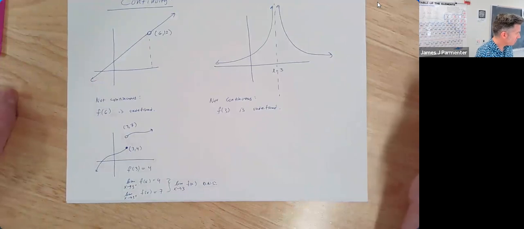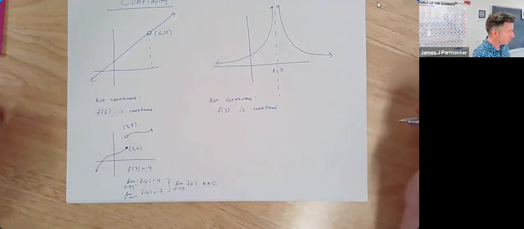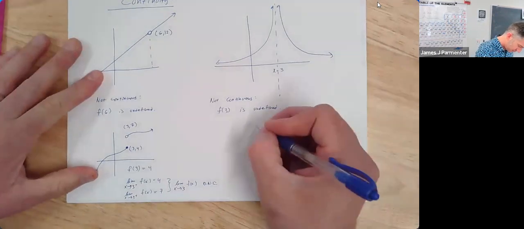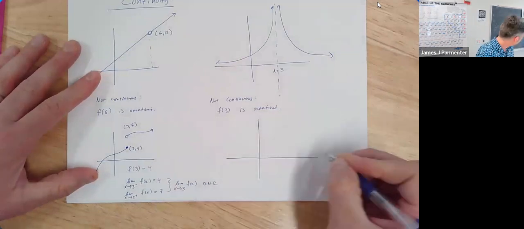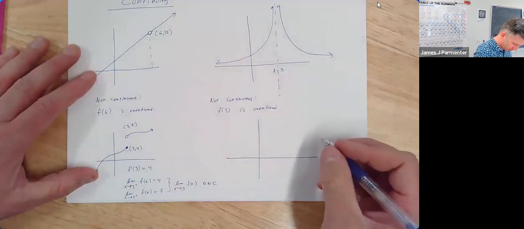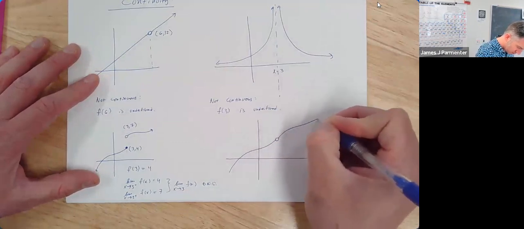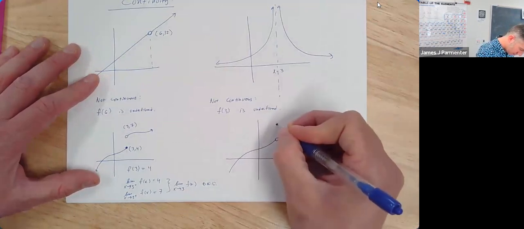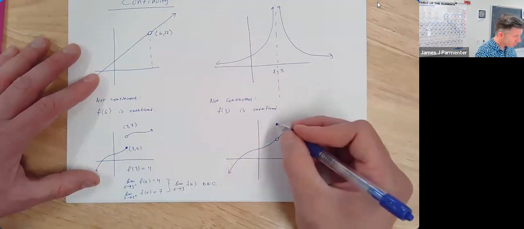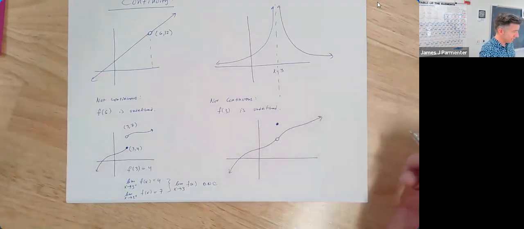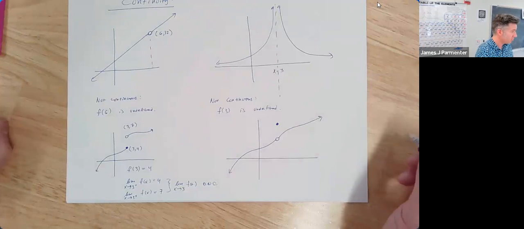And finally, one more example of discontinuity. I'm going to draw a picture first. So here's my function, notably discontinuous. I had to lift my pencil off the paper to be able to draw it.